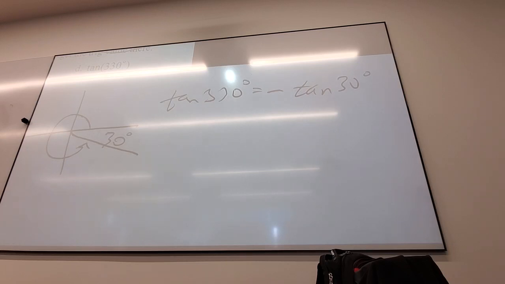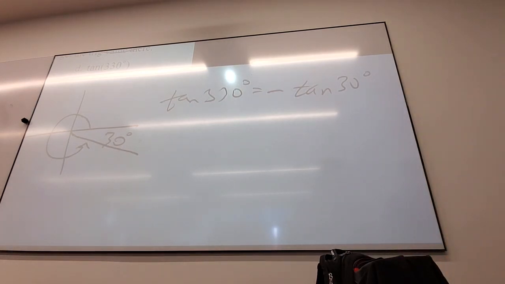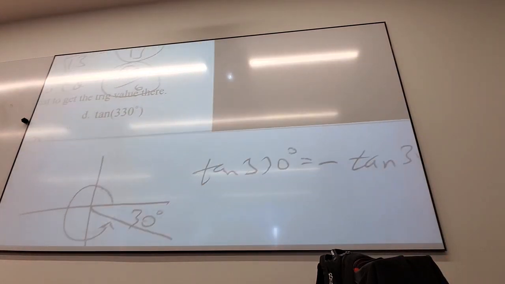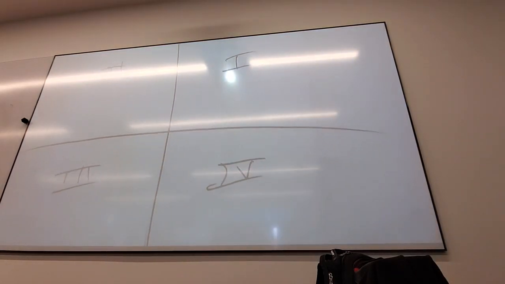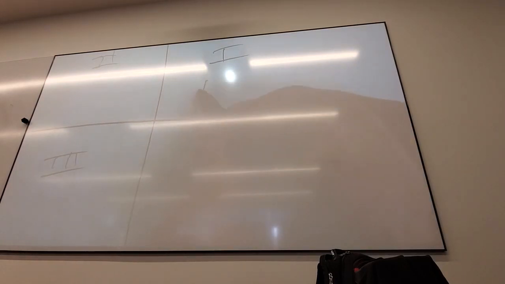Isn't it the other way, where the negatives cancel if it's in the third quadrant? That's what I said, but I'm doing it from my perspective. So in the first and third quadrant, the signs are the same for sine and cosine, right? So tangent will be positive.